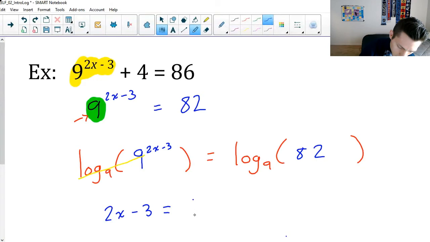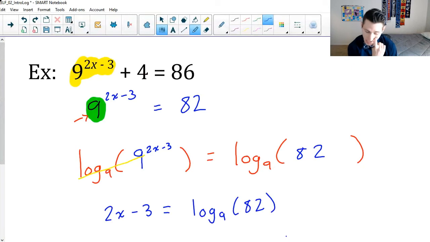So I have 2x minus 3 equals log base 9 of 82. Log base 9 of 82, I can't do in my head. 9 to what power makes 82? I don't know. I know that 9 squared is 81. It's close, but it's not good enough.